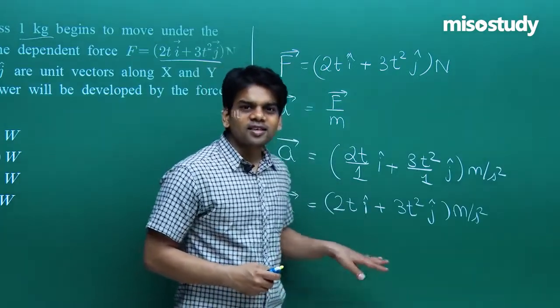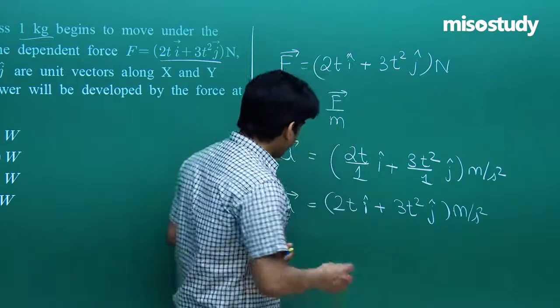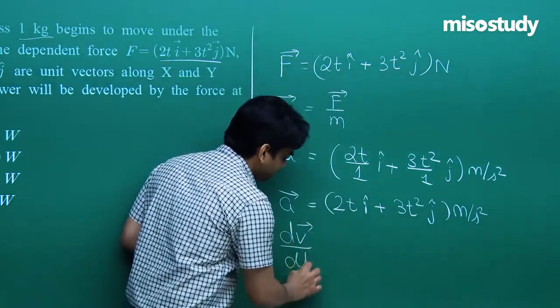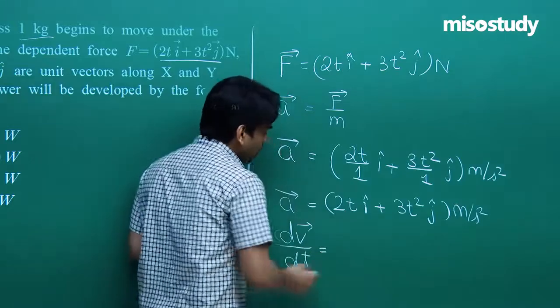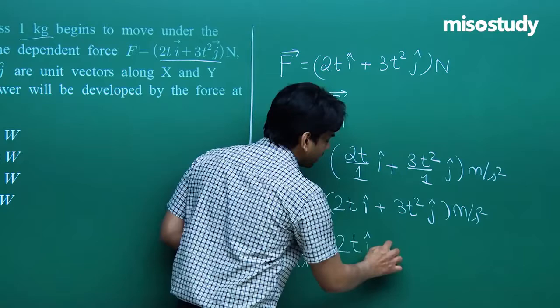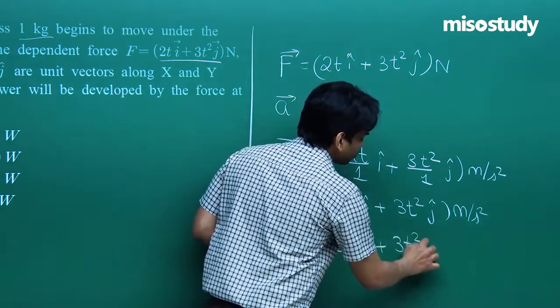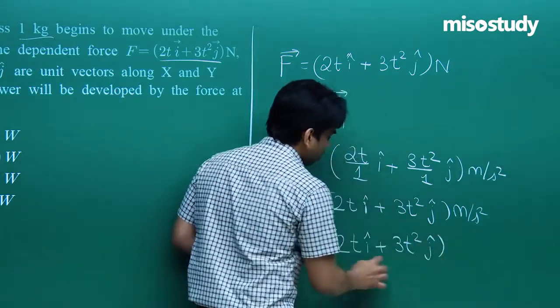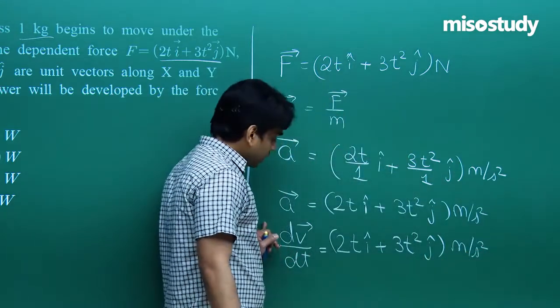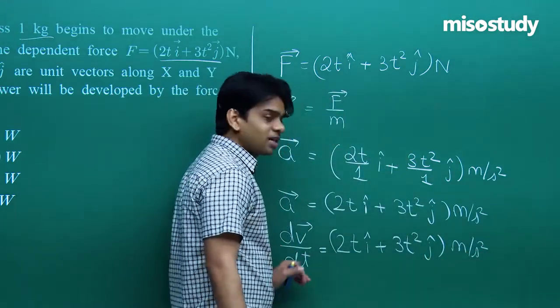We all know that acceleration is rate of change of velocity. So can we write acceleration as dv by dt? Now dv by dt is 2t i cap plus 3t square j cap with proper units meter per square second. Now dv can be written as this function multiplied with dt.